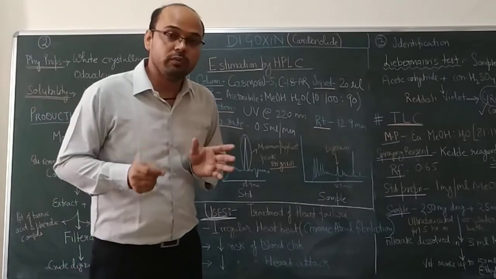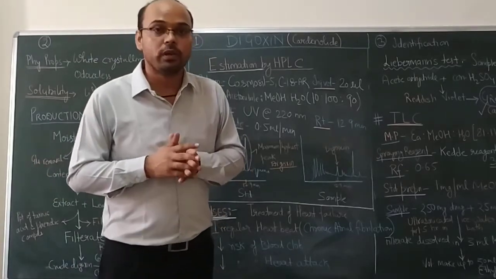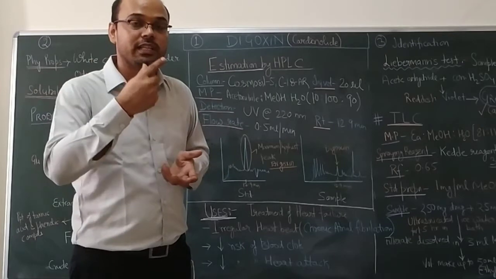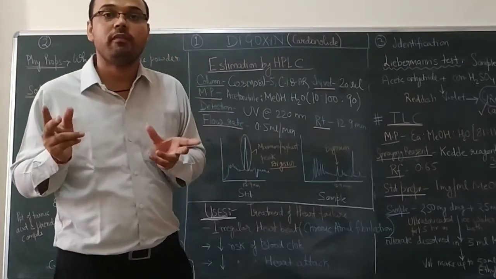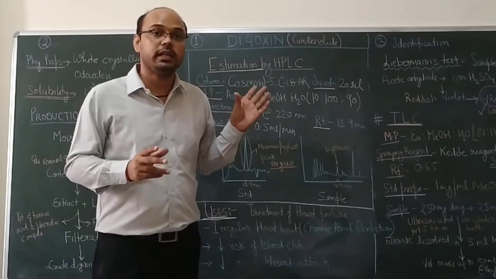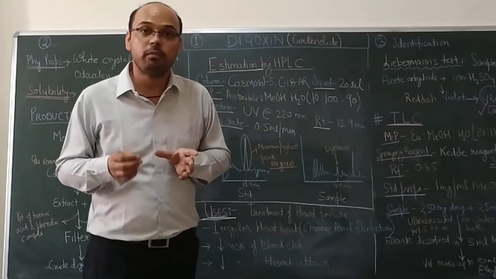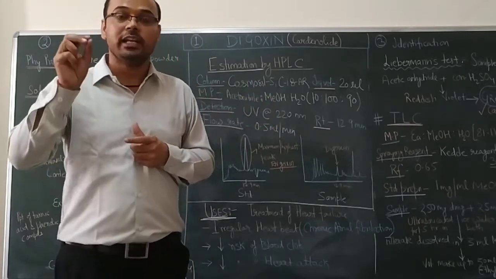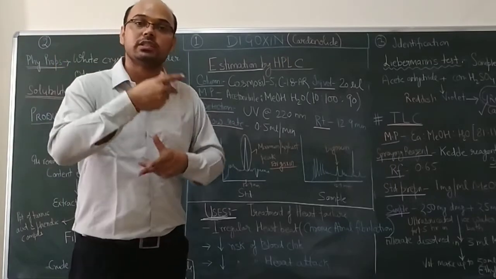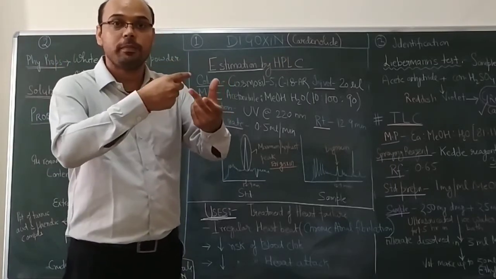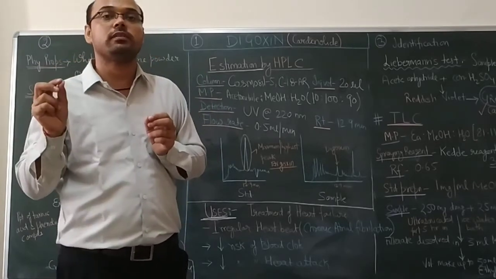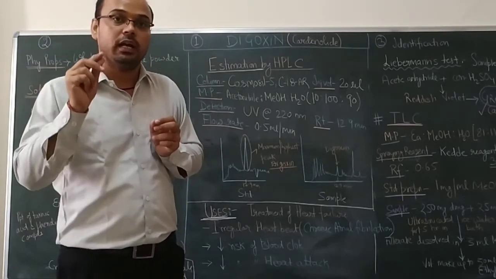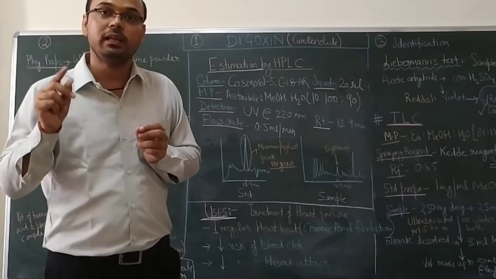The injection volume we have used is 20 microliters, which we have injected in the injector, and the retention time we have obtained for digoxin was found to be 12.9 minutes. It means that after injecting your sample, your highest peak for digoxin was obtained at 12.9 minutes.